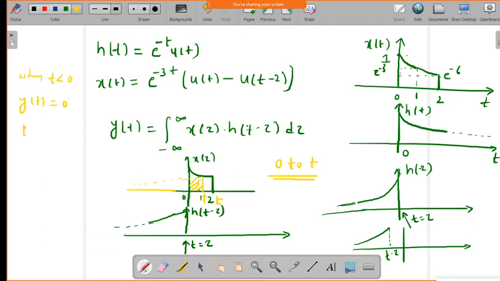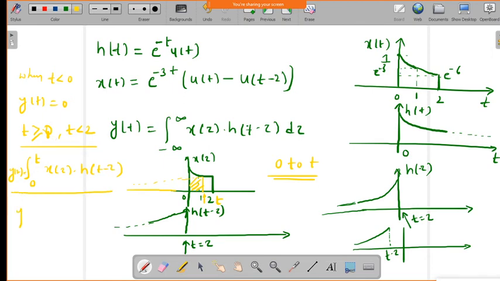And when t is greater than or equal to 0 and t is less than 2, your limit will be 0 to t, for x of tau into h of t minus tau. This is the convolution integral for this limit.